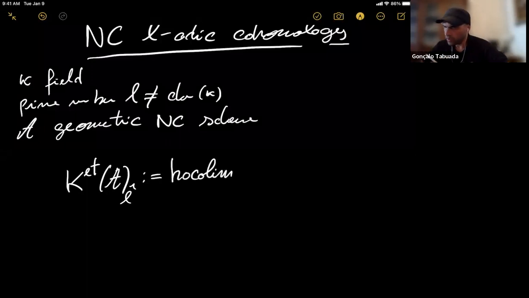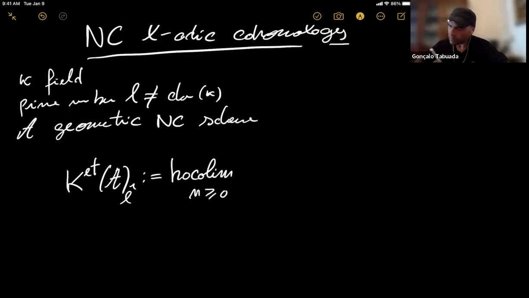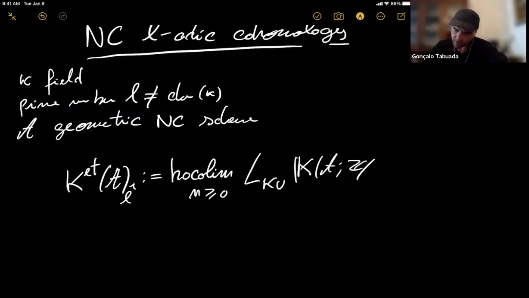You start with non-connective K theory with coefficients, which is a spectrum. Then you do this mod l^ν, so again a spectrum. Then you do this localization with respect to KU, the topological complex K theory spectrum.